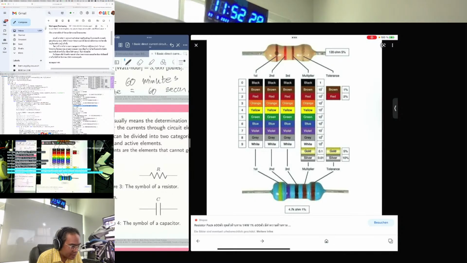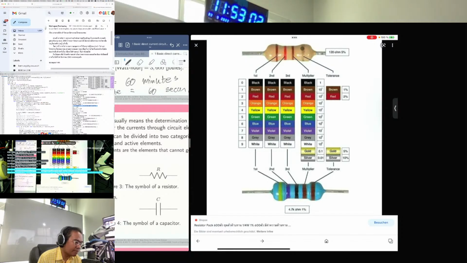The first band is dedicated to the first digit, and the second band is dedicated to the second digit of the number, and the third band belongs to the multiplier 10 to whatever you have. And the last band, the fourth band, represents the accuracy or the tolerance. There are two colors for the fourth band, whether it's gold or silver.